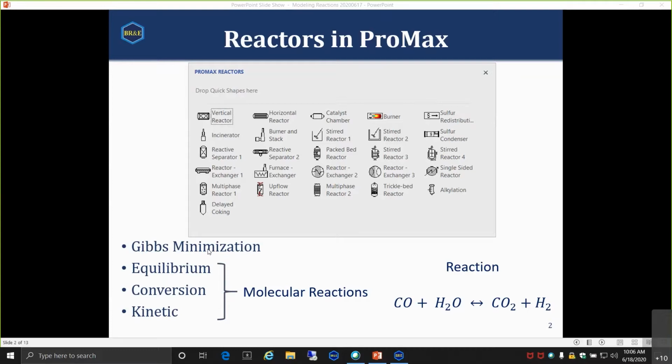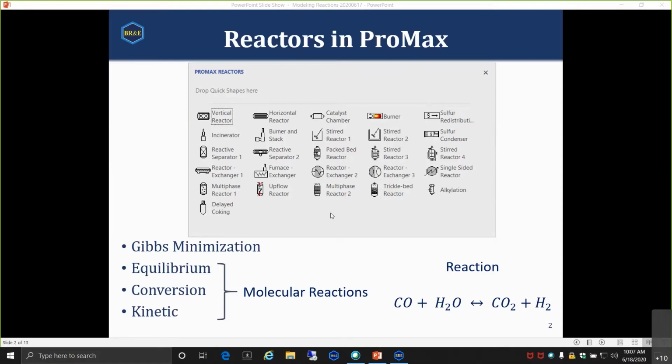There are two new reactor blocks that are not the same as all these others. There is the alkylation and the delayed coking reactor blocks. These two are specialized blocks that deal with just the hydrofluoric acid alkylation process and the delayed coking process that are typically found in refineries.